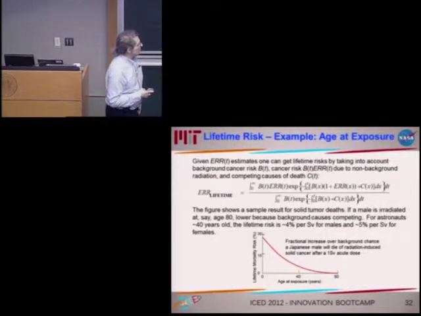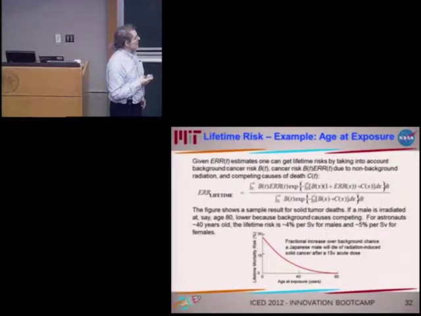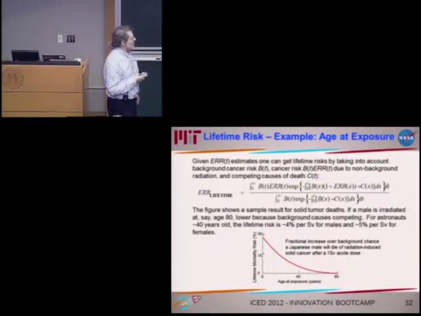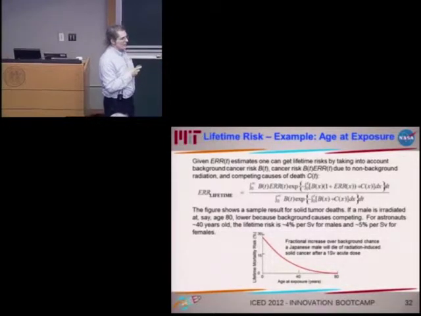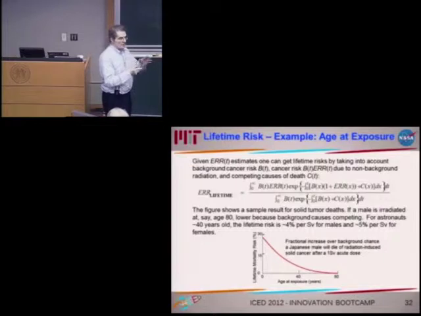If you think about the background cancer risk as B of T, and the competing causes of death as C, then the denominator of this function up here, you'll recognize that exponential function, is that same thing we've been talking about a lot, that B plus C is the totality of the causes of death, right?